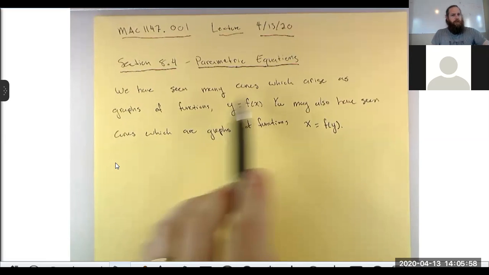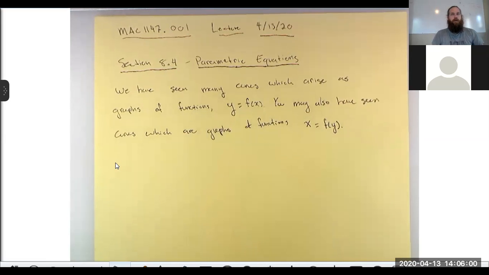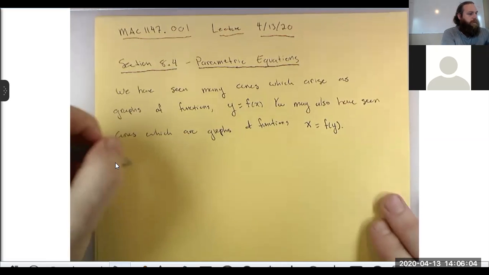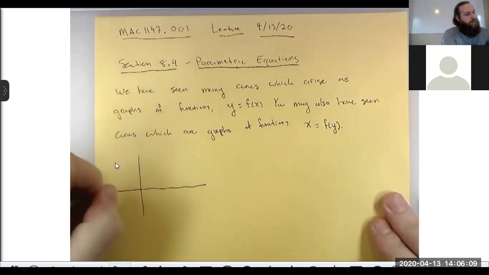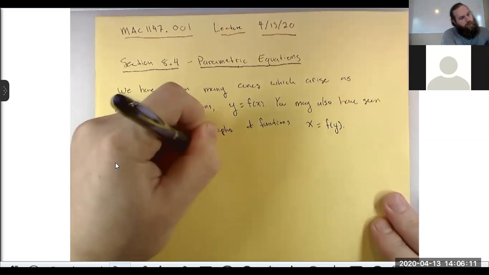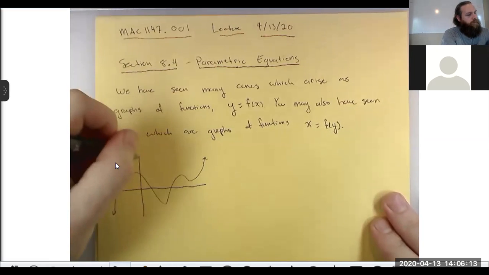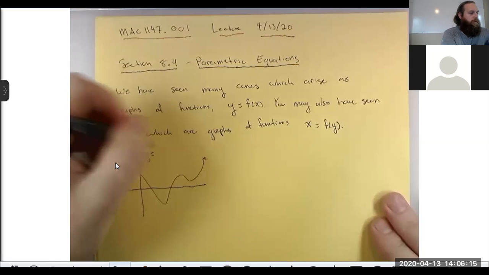So for a curve where y is a function of x, that graph has to pass the vertical line test, something like sine or cosine or any polynomial. All of these satisfy y equals f of x for some function f.